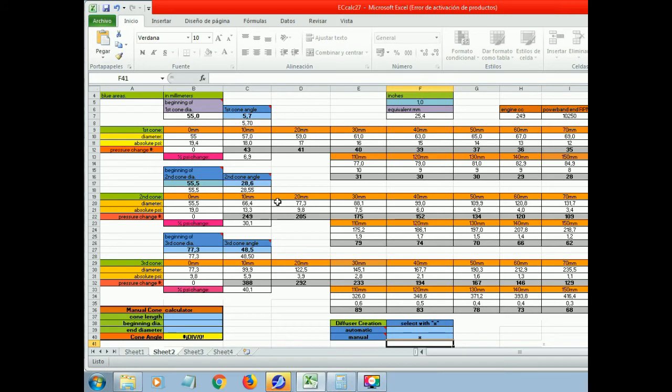Okay, second cone at 12.2 degrees. Third cone at 17 degrees. Beginning of second cone, the inner diameter 65. Third cone of 96.